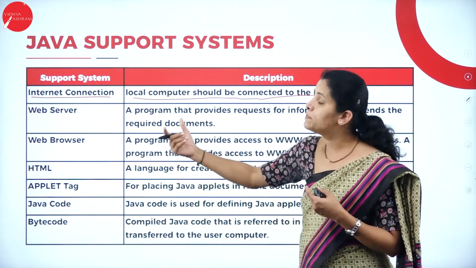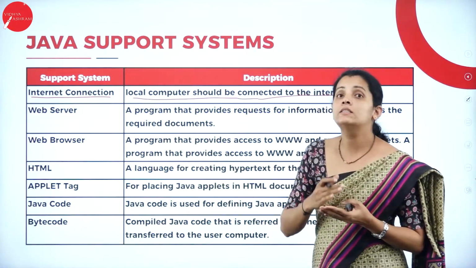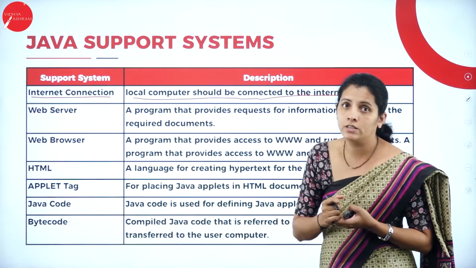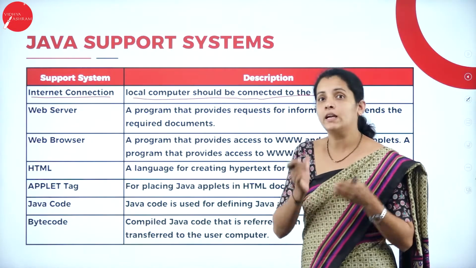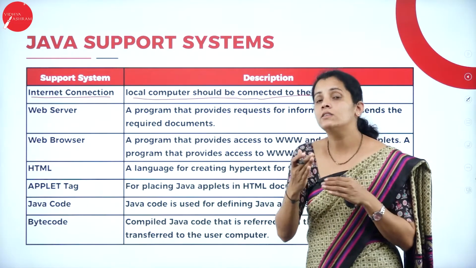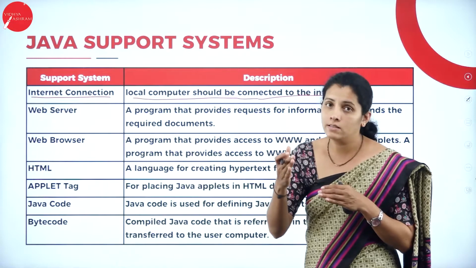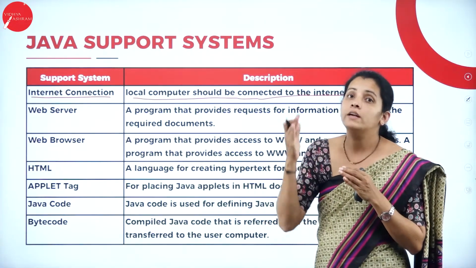Then what is web server? Before that, tell me what is client server architecture. In the client server architecture, we are going to have the client. So clients are nothing but the user and servers are the system where all the data are deployed.